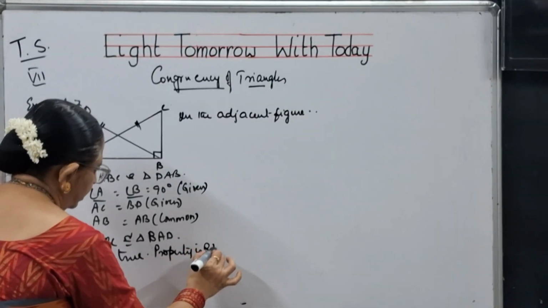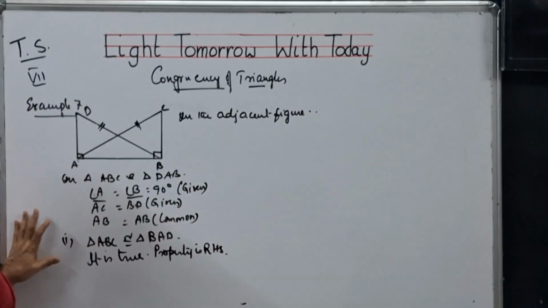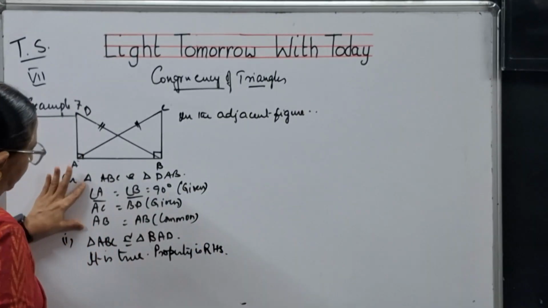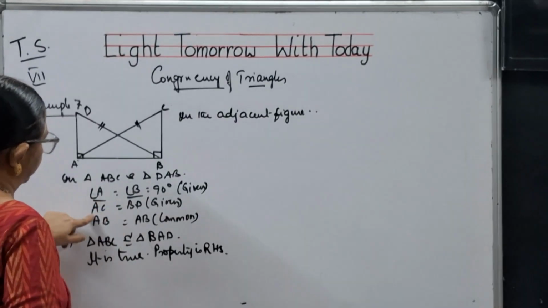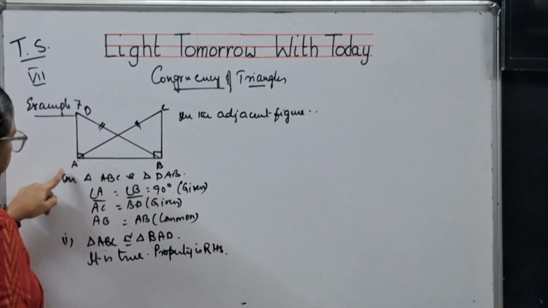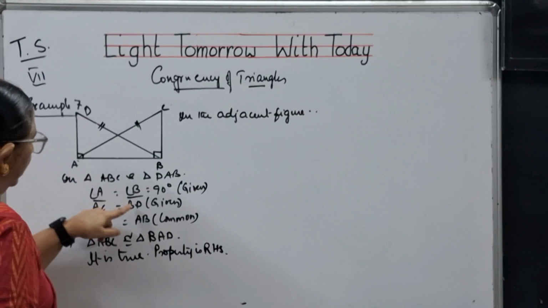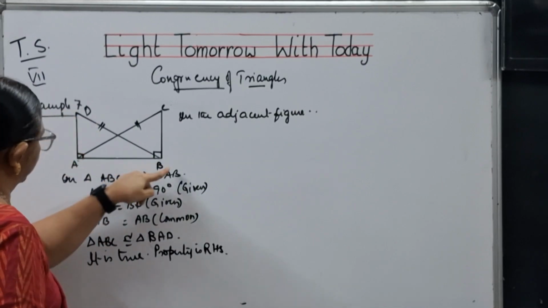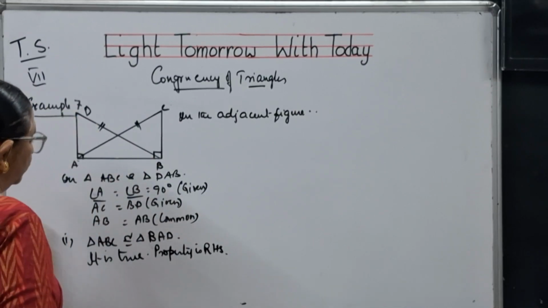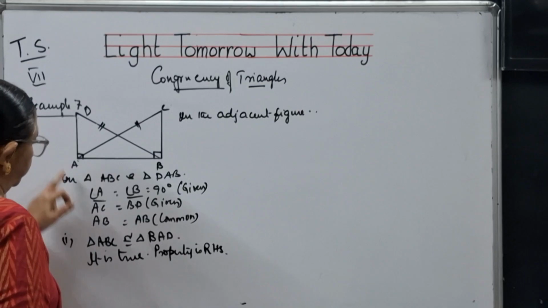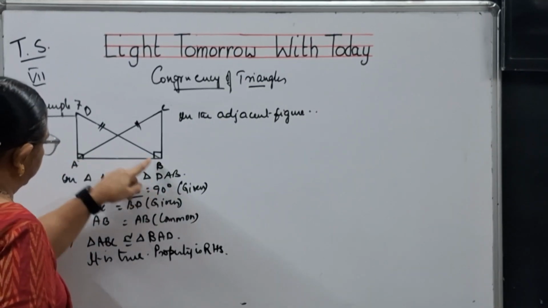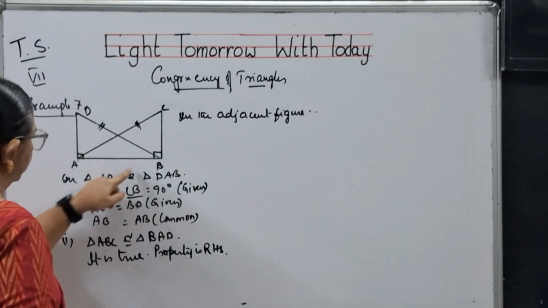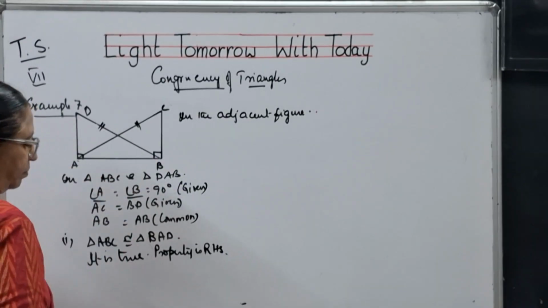The property is the HS property. So the first bit is true because we have angle A is equal to angle B, AC is equal to BD. AC is the hypotenuse of triangle ABC, and BD is the hypotenuse of triangle BAD. So AB is AB, common. So we can say that triangle ABC is congruent to triangle BAD.